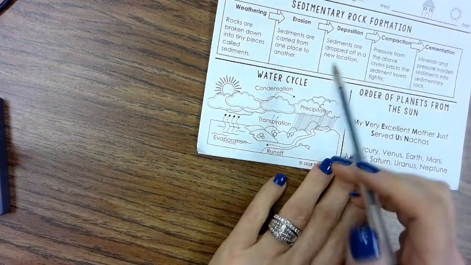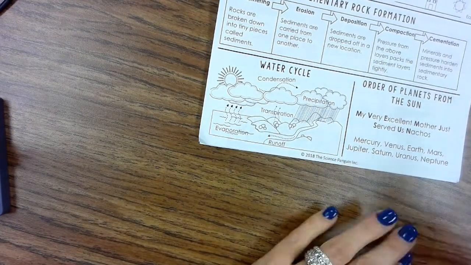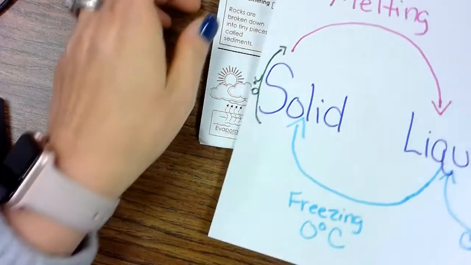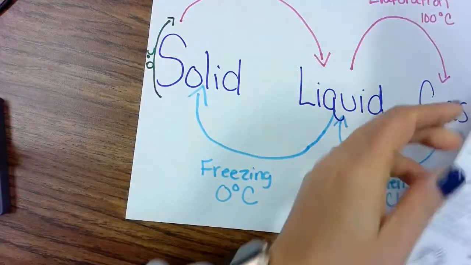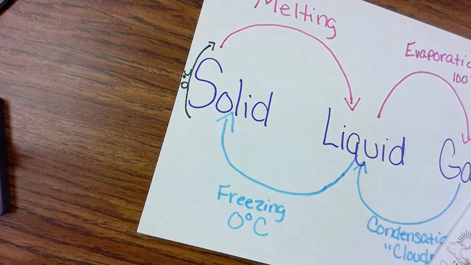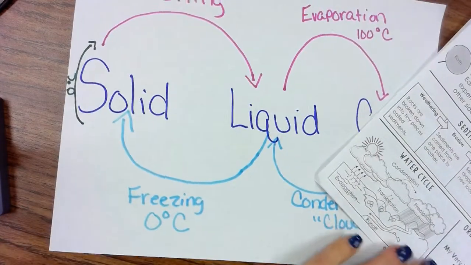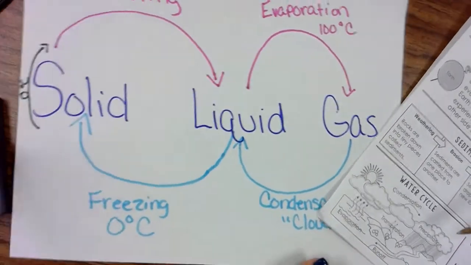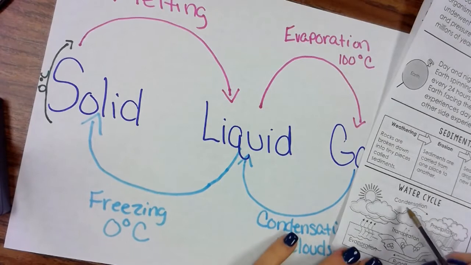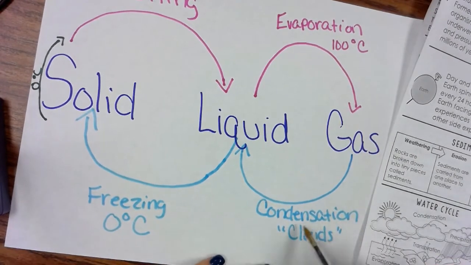All right, let's get talking about the water cycle real fast. I didn't redraw it. I just want to point you out to this. Again, didn't we say that we could contribute some of this to the water cycle? Okay, so evaporation, and then it turns into the clouds, right? And when it turns into the clouds, then you've got condensation.